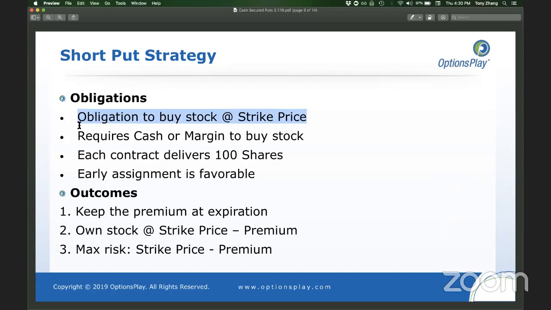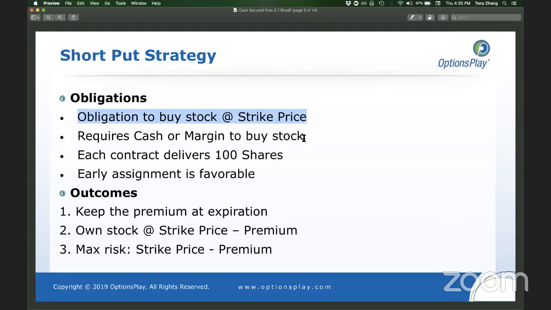This better be a stock that you want to own. So think to yourself, is this a stock that I want to own in the long run? If that's the case, short put is a possible opportunity for you to purchase the stock at a discounted price.